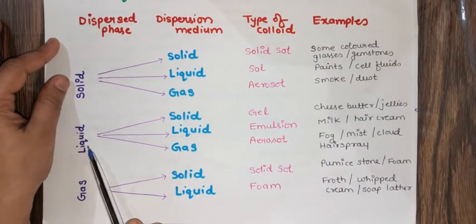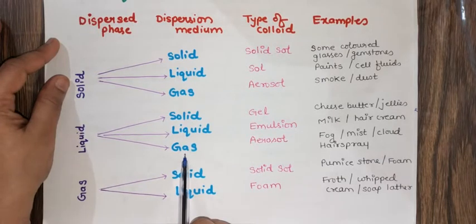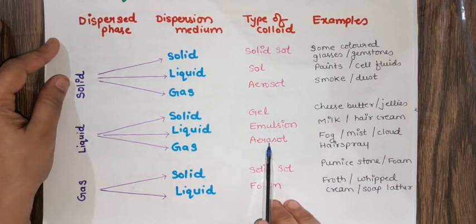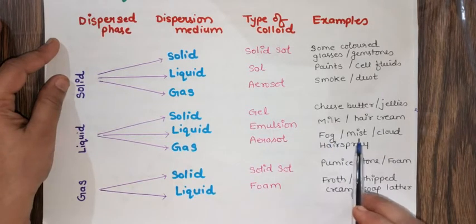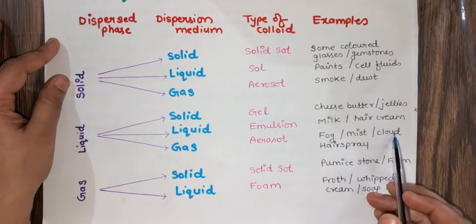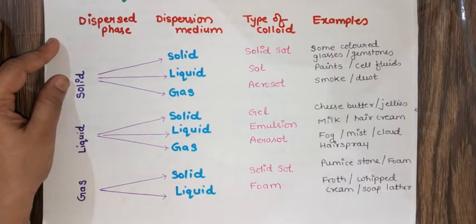Now what will happen if the dispersed phase is liquid while the dispersion medium is gas? Then aerosol. Aerosol examples are fog, mist, cloud, hairspray. Now, gas is a dispersed phase, whereas dispersion medium is solid. Then again the solid sol will be formed, but the examples will be pumice stone, foam.